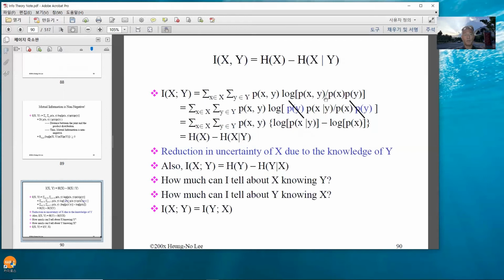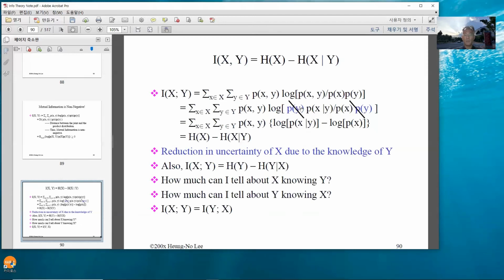And we start off with the definition, and then using the joint distribution, which can be written as marginal times conditional on Y. So this one is conditioned on Y, and then joint distribution can be written this way.